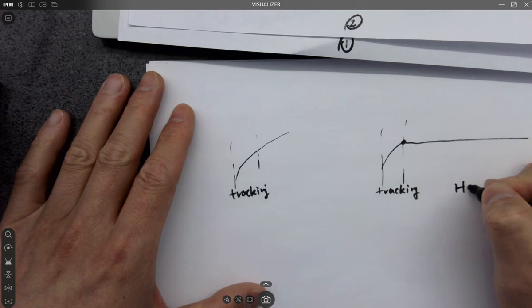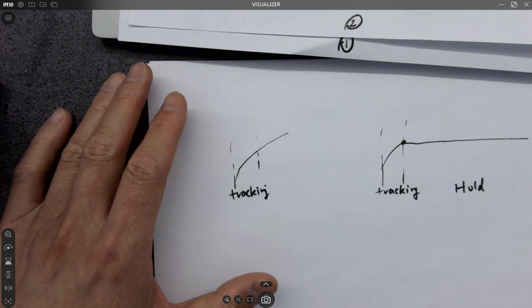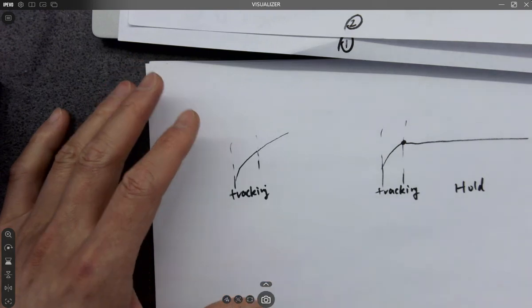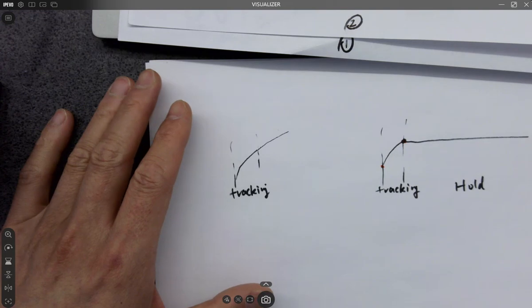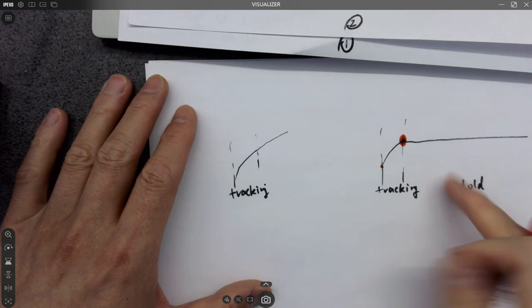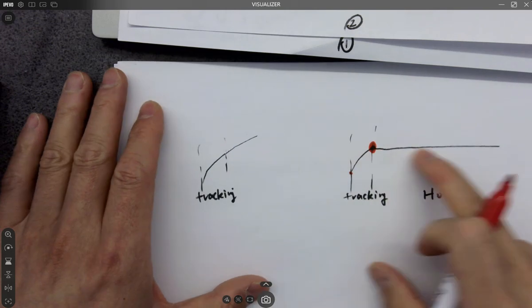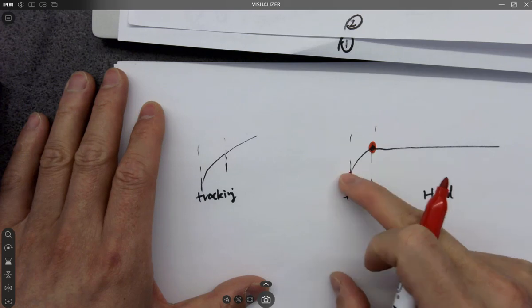So this period is hold, and which point is sampled? This point or this point? Of course, this point, because the value being held is the same value as the last point of this tracked curve.